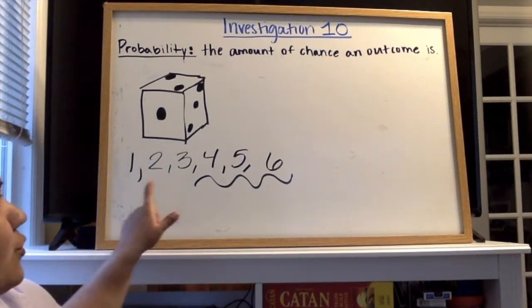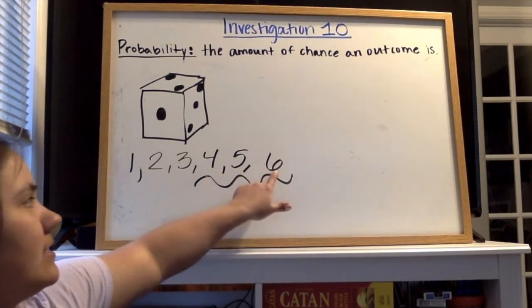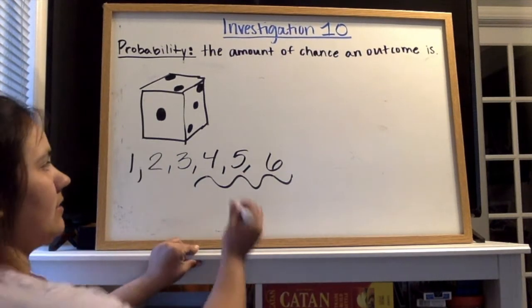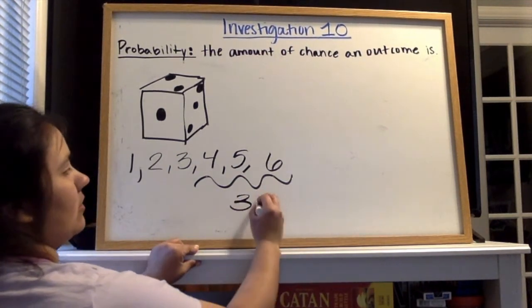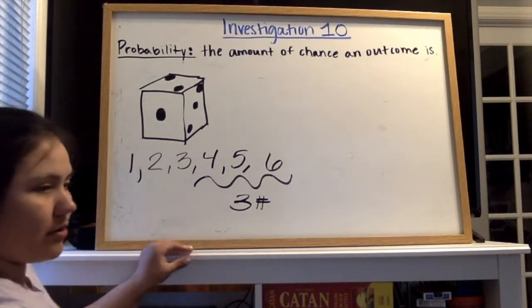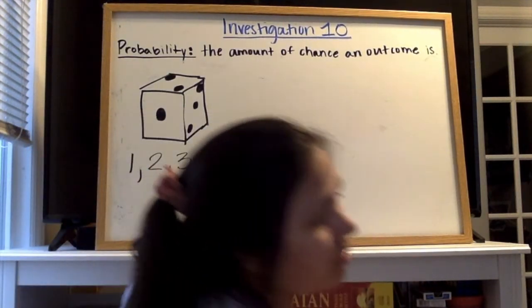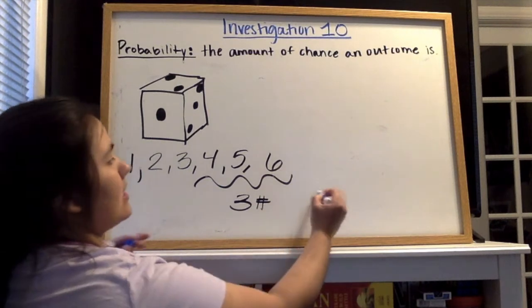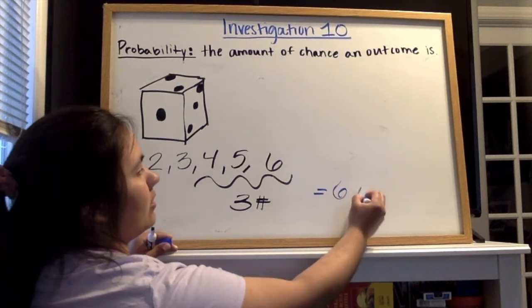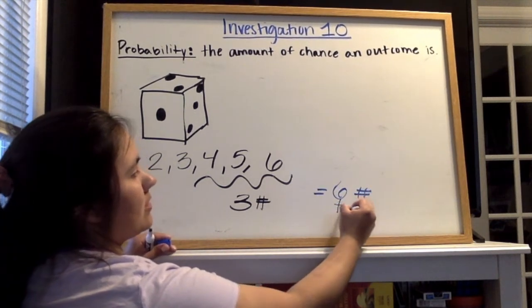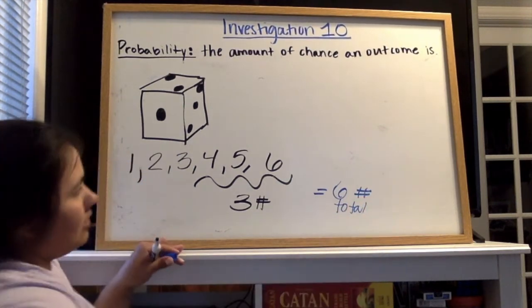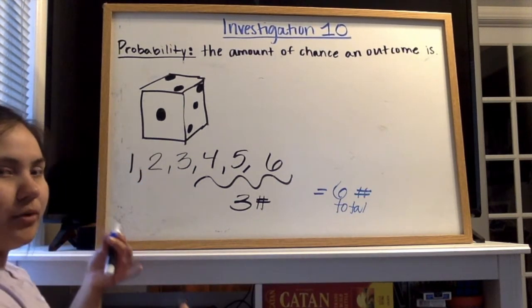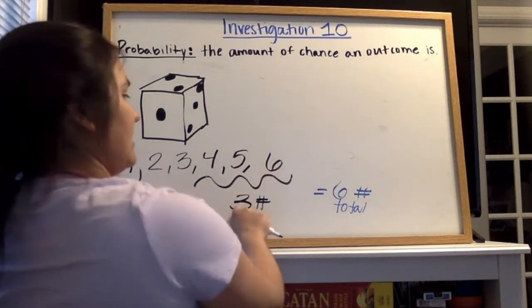Okay. So these numbers, 4, 5, and 6, these are 3 numbers. Now, how many numbers total do we have on a dice? We've got 1, 2, 3, 4, 5, 6. So if we have 6 total numbers, and they're wondering how often we would roll a 4, 5, and a 6, well, that's 3 numbers.